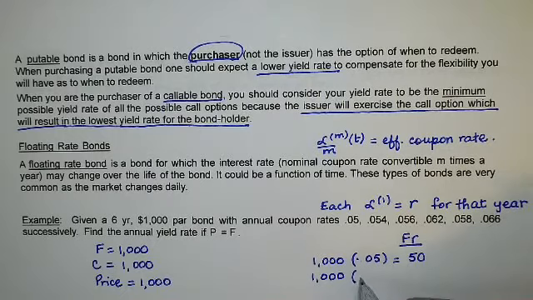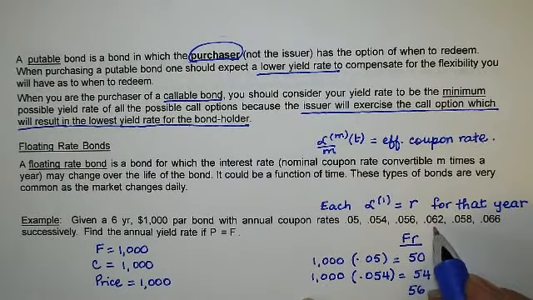The next one is 1,000 times 0.054, so that's 54. And the next one is 56. And the next one is 62. And 58. And 66. And I'm done.